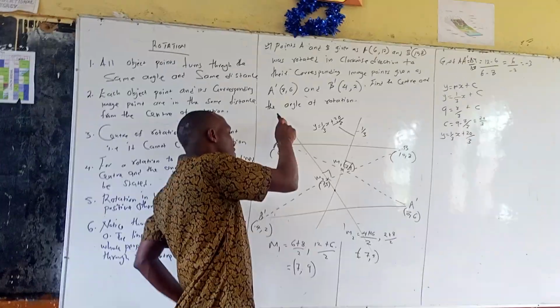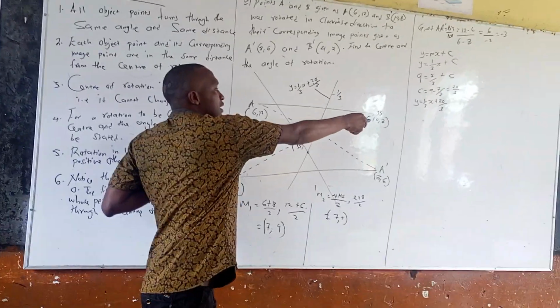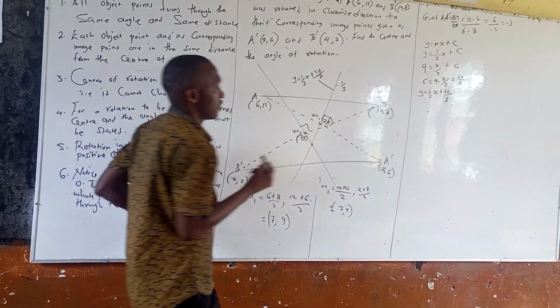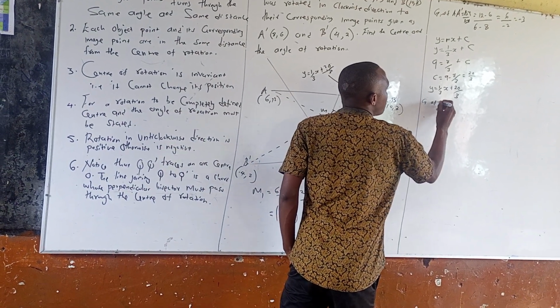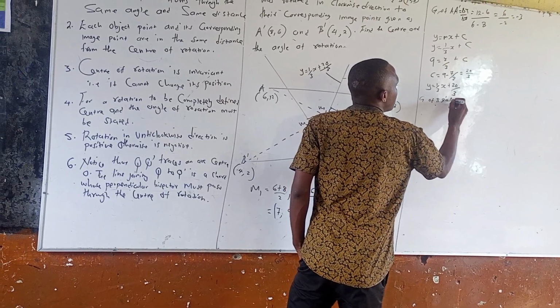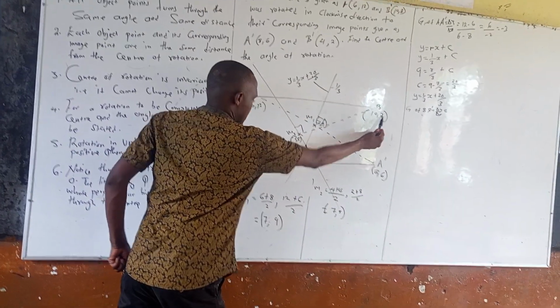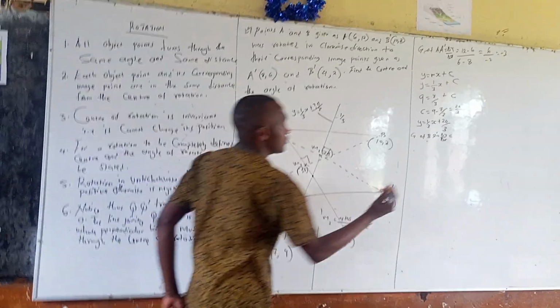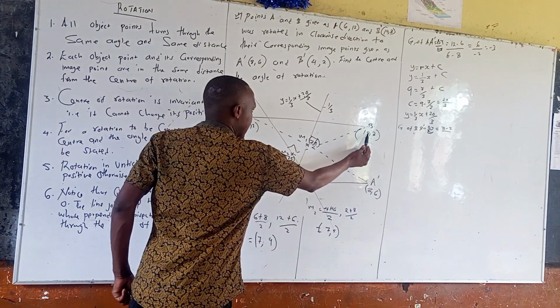So for us to know the equation of this second one, the perpendicular bisector of P image, the first thing is we should know the gradient of P image. Okay, let me start here. Gradient G of P image will be change in y over change in x. In this case, change in y, 8 minus 2 over 10.